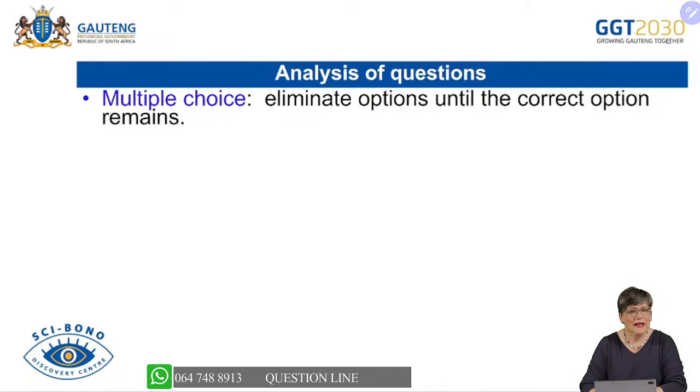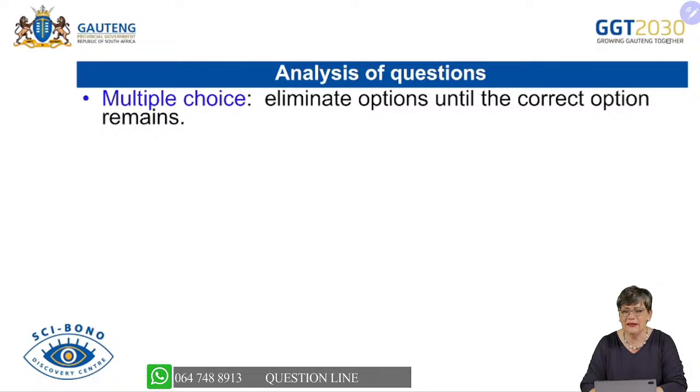Now, let's go to the questions that are not always as straightforward. Multiple choice. Now, I'm sure you would think a multiple choice is easy, but they can be very difficult at times. So how do you find the correct answer? Use the process of elimination.